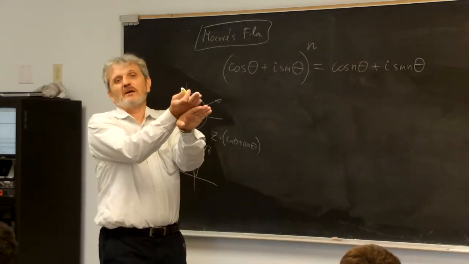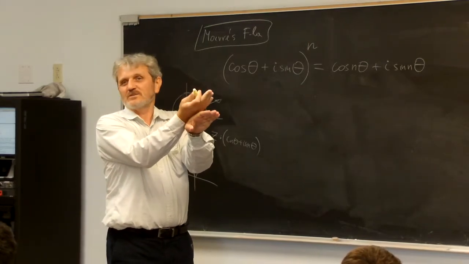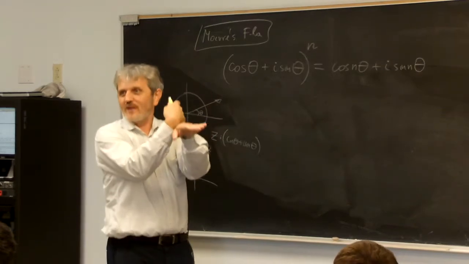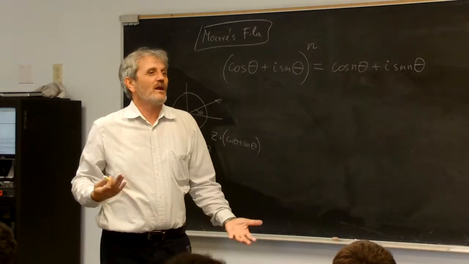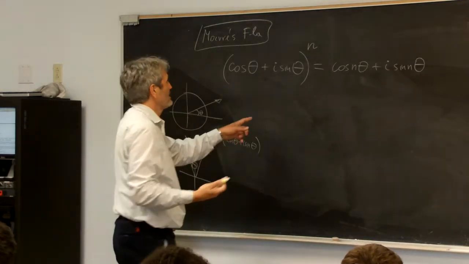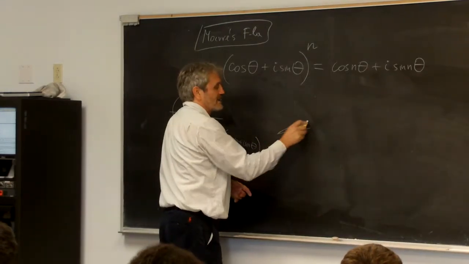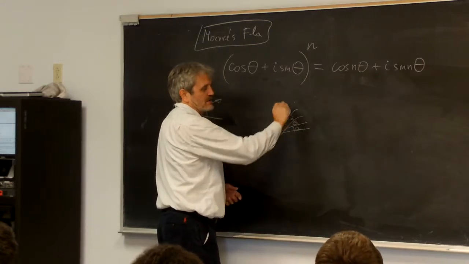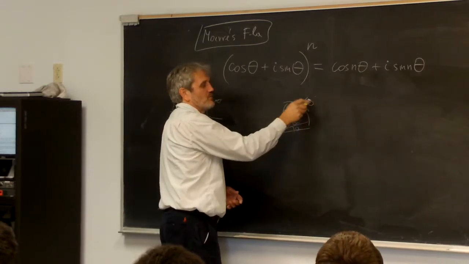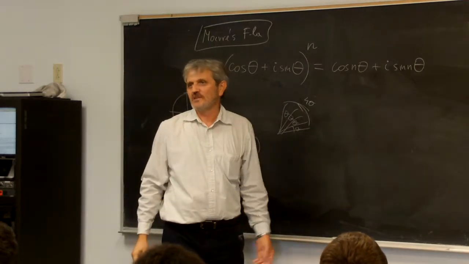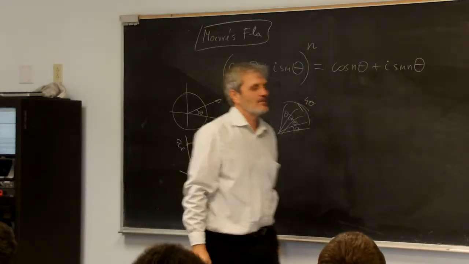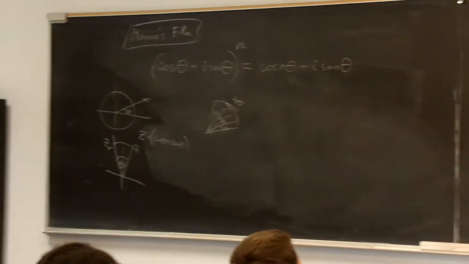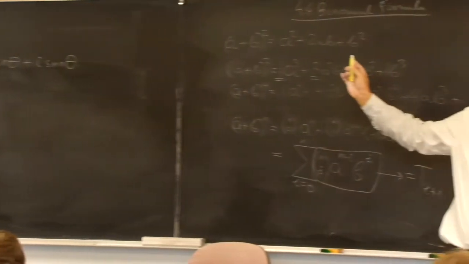I rotate, let's say, by 20 degrees, and I do that 9 times. 20, 20, 20, 20. Is it the same as doing one rotation by 180, yes or no? And that's what it says. Rotating theta, theta, theta, theta 4 times is the same as rotating once by 4 theta. So that really captures this geometry. Nice formula. But here's what I wanted to show you after we accept Moivre's formula.